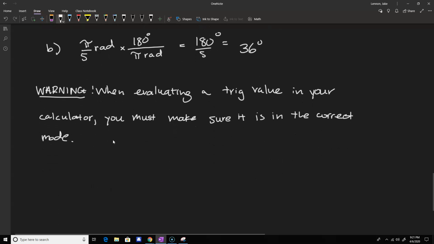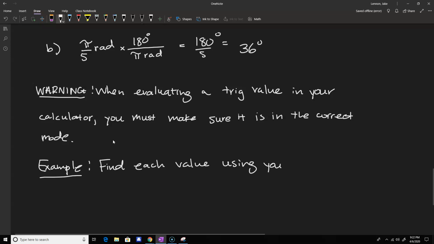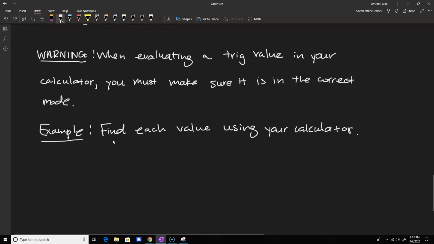So one way you can check is, let's say, for example, find each value in your calculator. And a lot of times, these will just throw you off if you're accustomed to working with one all the time and all of a sudden you switch.